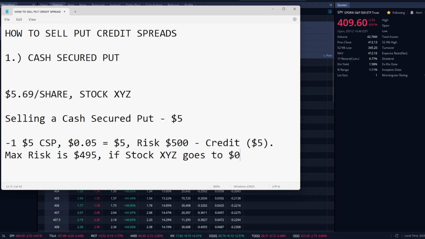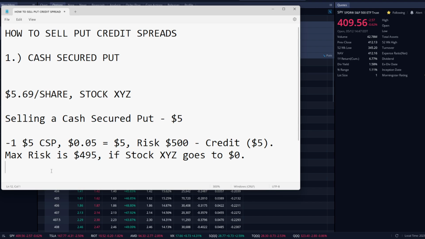So that's your max risk. The first step to understanding what a put credit spread is, is understanding what a cash secured put is, because a cash secured put is one part of a put credit spread. The second part, and why people like put credit spreads so much, is this: look at the S&P 500, a very expensive ETF at $409 per share.